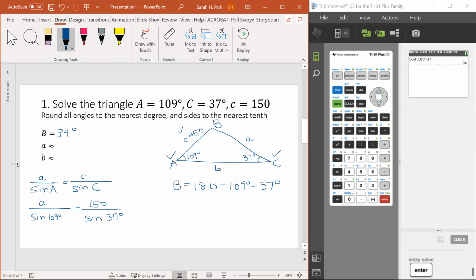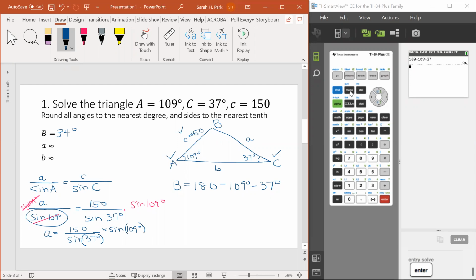Okay, to solve for a, we can get rid of this sine of 109 degrees by multiplying both sides by sine of 109 degrees, which cancels that out. So a is equal to 150 over sine of 37 degrees times sine of 109 degrees. I'll put parentheses around the angles.